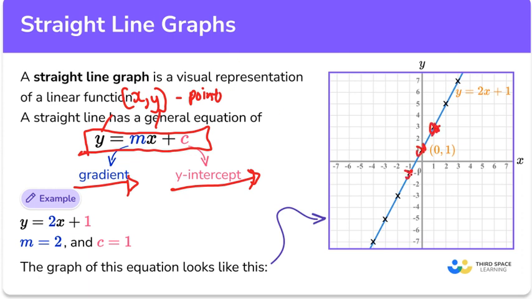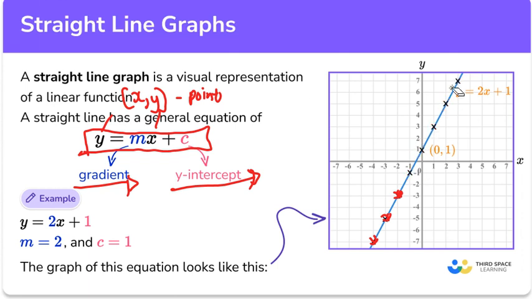You see, all of these points, you can put them there and there. x and y represent any x value and any y value that is on the graph. And m is the gradient, and c is our y-intercept, which is where your graph cuts the y-axis.